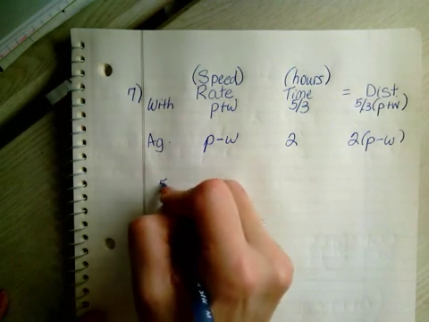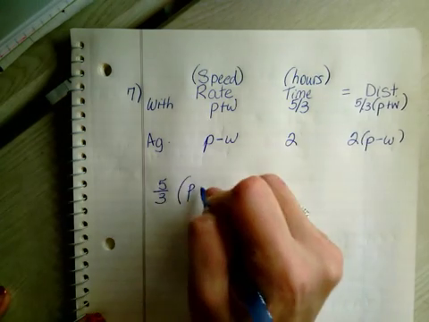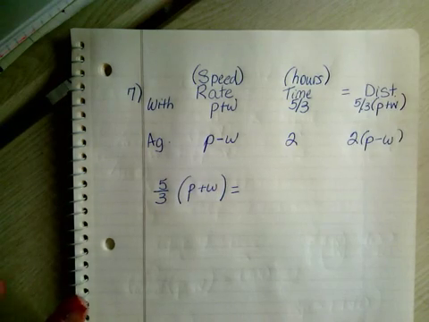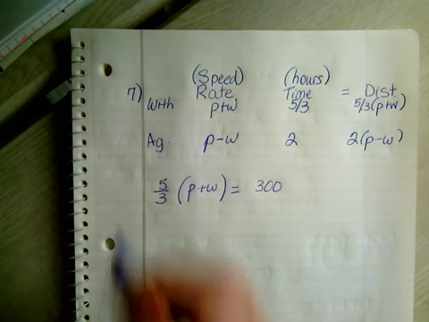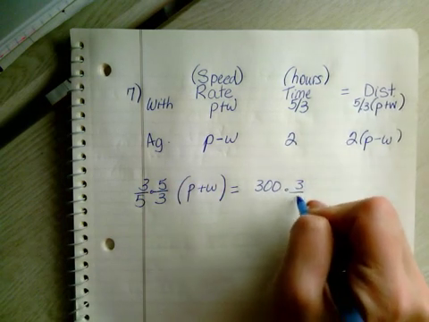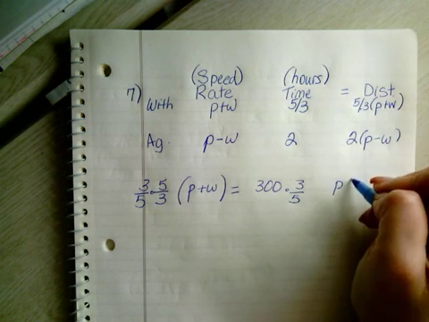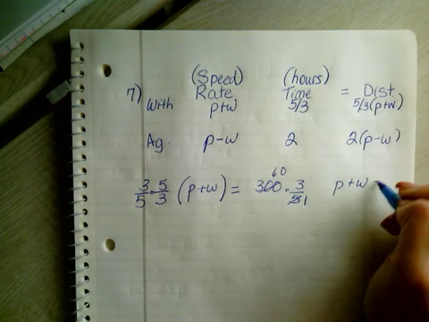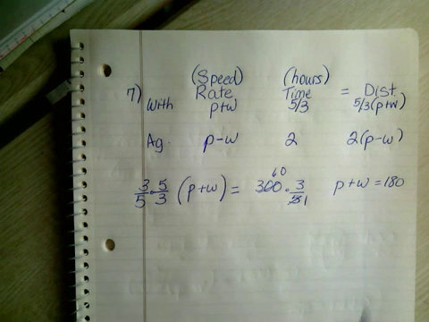And when we start, we can actually clean up some of these fractions. So this is 300 miles. This one, we're going to multiply by the reciprocal to get rid of that fraction, which gives us P plus W equals 180. You want to verify my arithmetic?